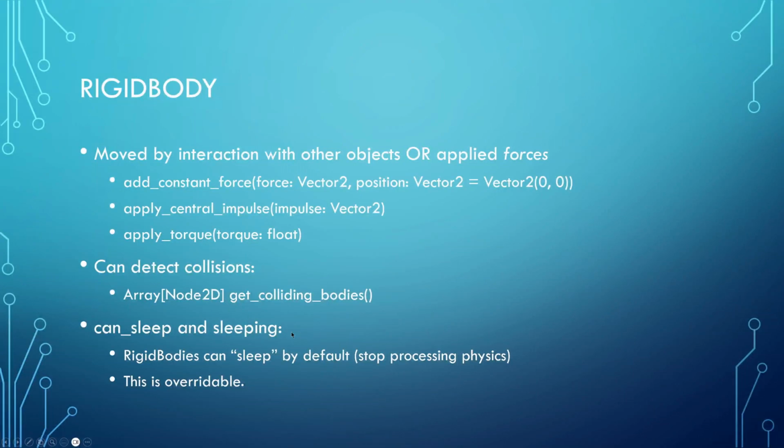Now, one more thing is that calculating forces acting on a rigid body can be pretty computationally expensive. So many rigid bodies will have the ability to sleep, which means don't calculate any forces on this thing unless there's some interaction with it, unless it hits something.